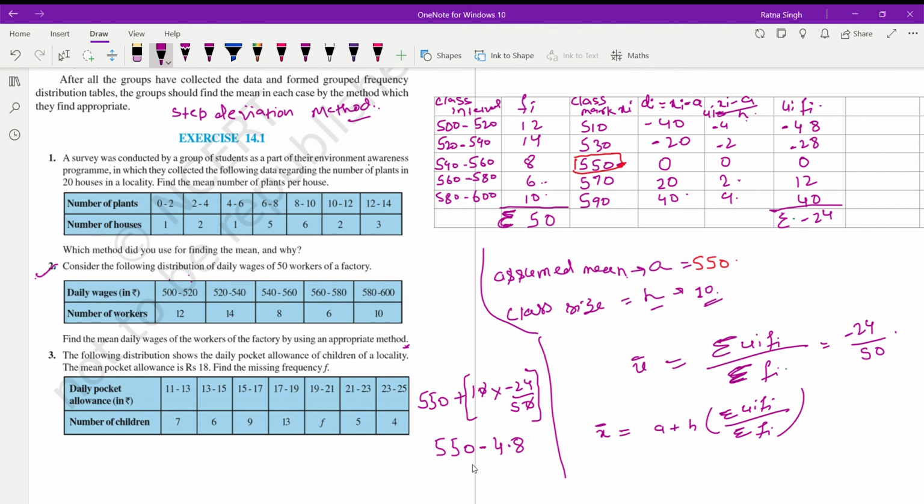Just subtract 4.8 from 550.0. 9 minus 4, that is 5. It is 4, and it is 5. It means 545.2 will be the mean. Thank you.